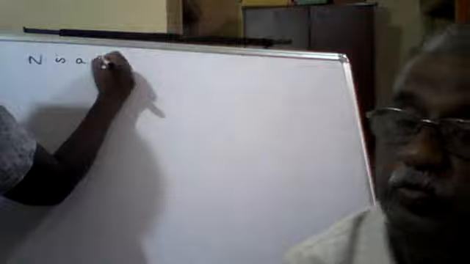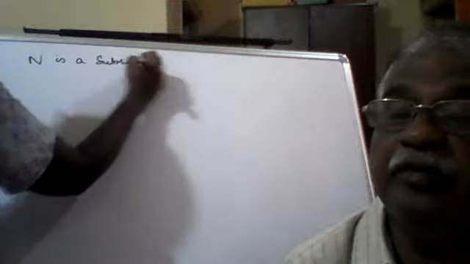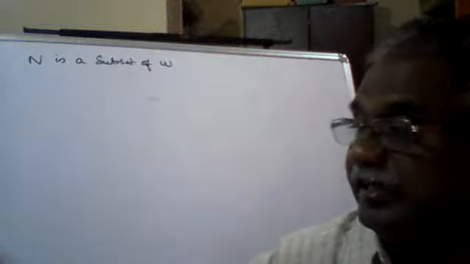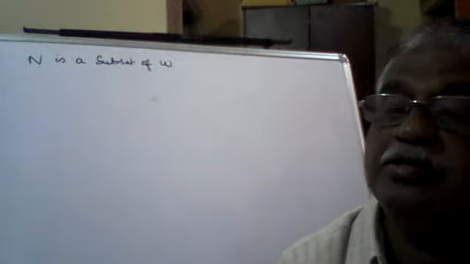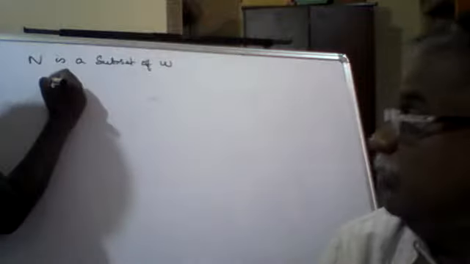So you can write N is a subset of W. Capital N is a subset of W. Mathematically, write N ⊂ W. N is a subset of W. Subset means the lower set.